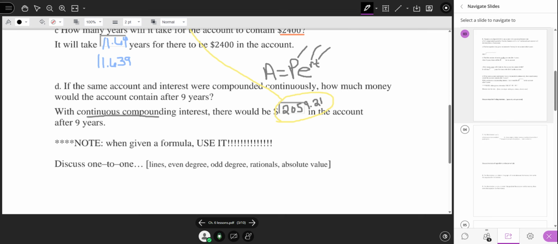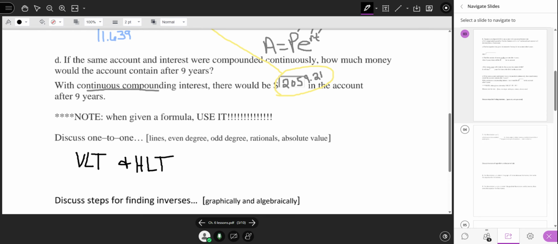Now, 1-to-1. Vertical line test. We've done the vertical line test. Well, if it is 1-to-1, it also passes the horizontal line test. Okay?